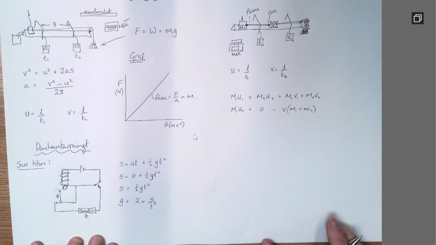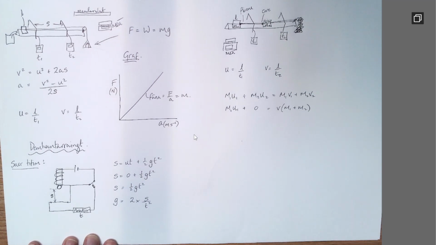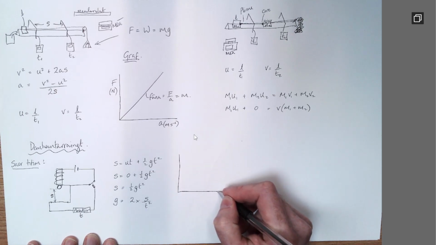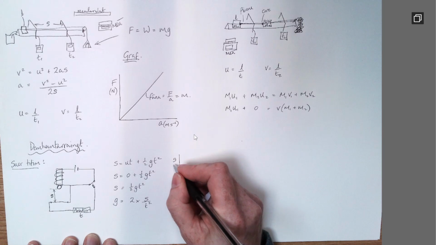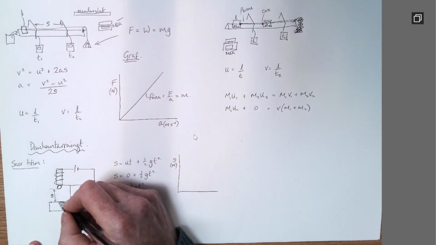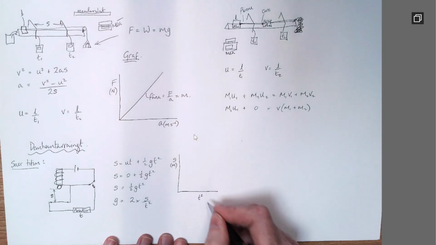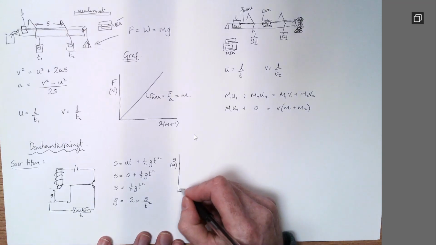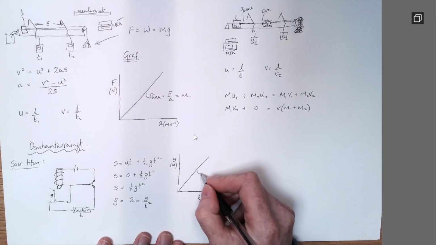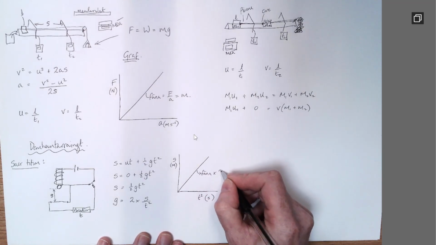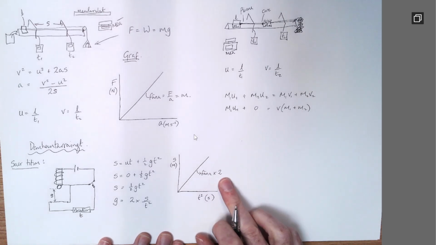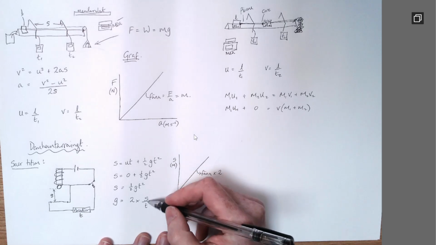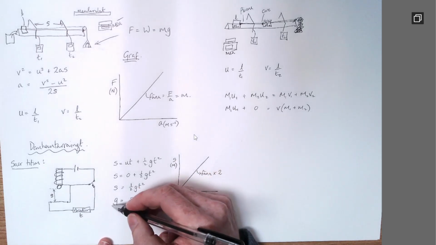Now, what we call the graph: s in meters against t squared in seconds squared. The gradient of the graph is the line of best fit. So the gradient equals s over t squared, and s over t squared gives half g.